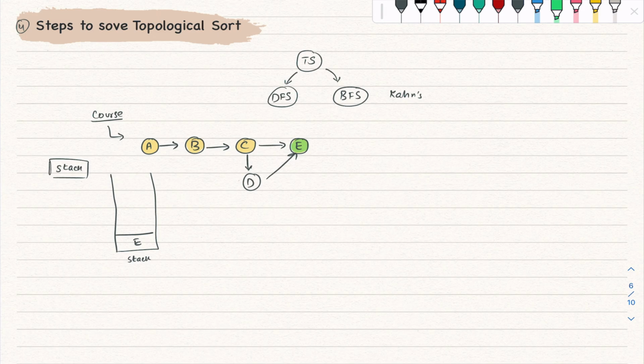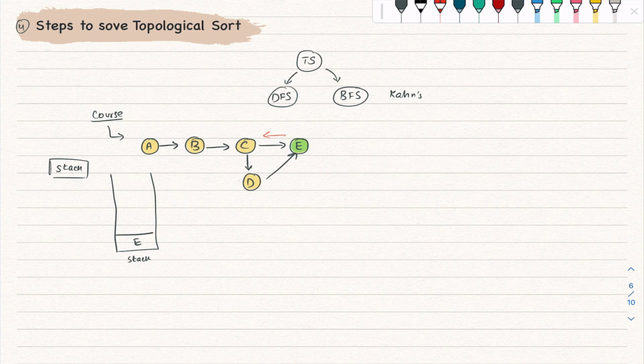After that, we will backtrack from here, we will move back, and on our way back, we will ask this node again, is there any further path you can move on? Yes, there is a path which goes to D. Alright, let's go there first. And once we reach there, we will ask D, is there any out degree we have to move forward?